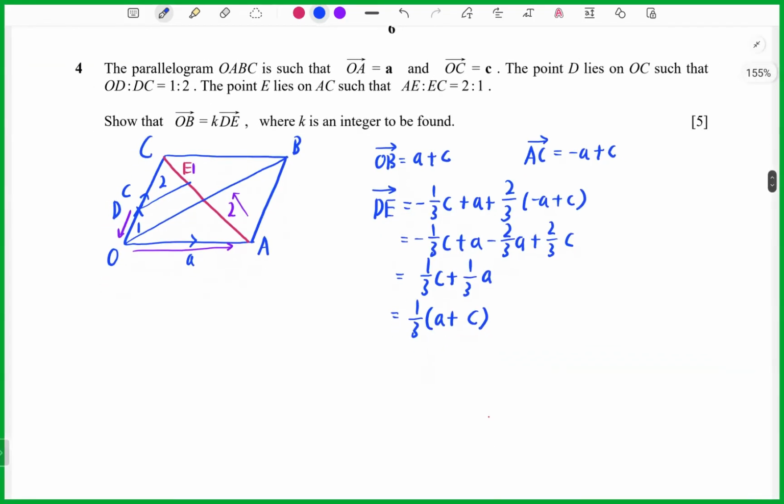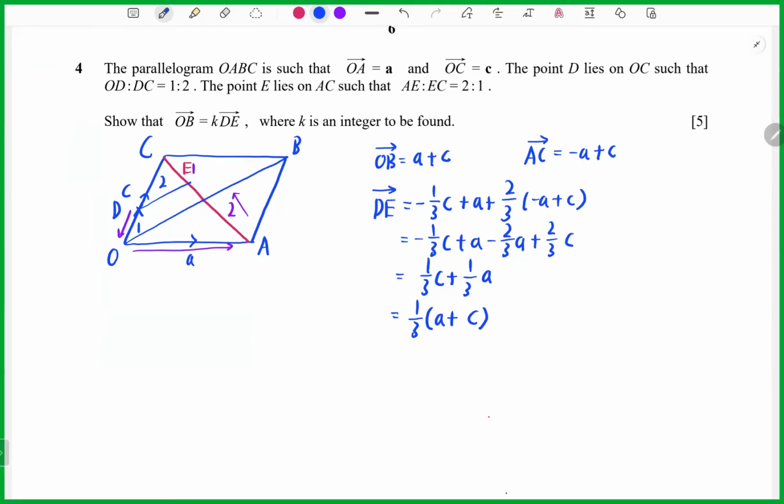So now we can write here. Okay, the value here is equal to 3.